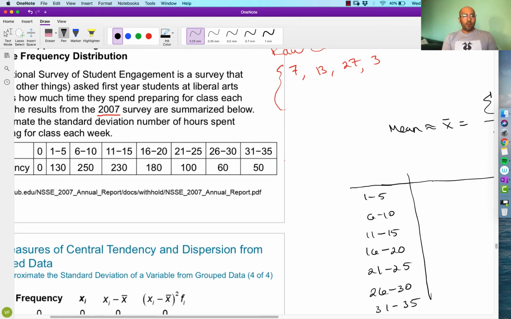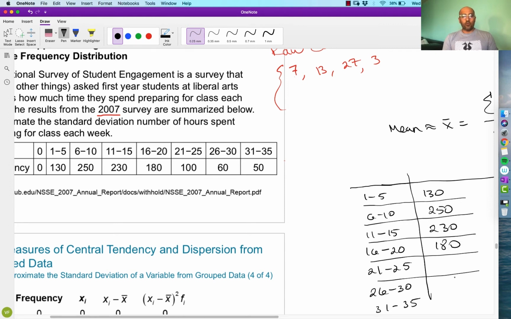Good. I'm also going to write down the frequencies. So for this group right here, this was 130. For this group, the frequency was 250. For this group, the frequency was 230. For this group, the frequency was 180.